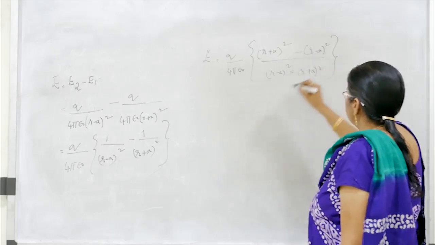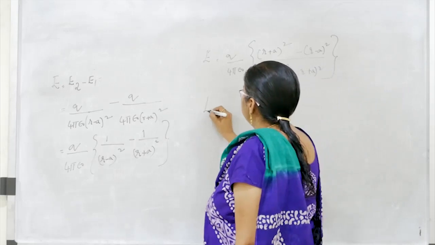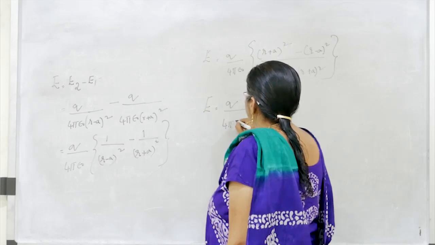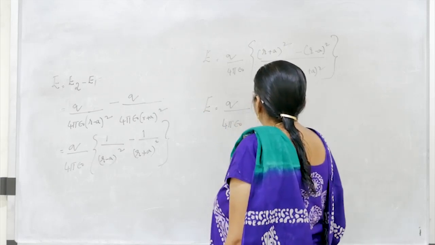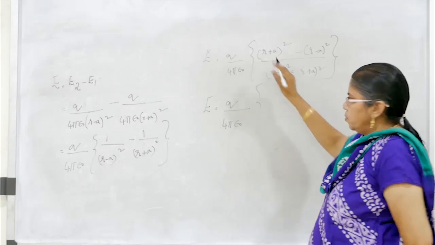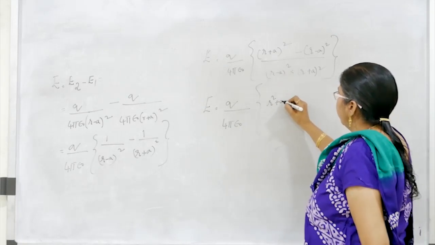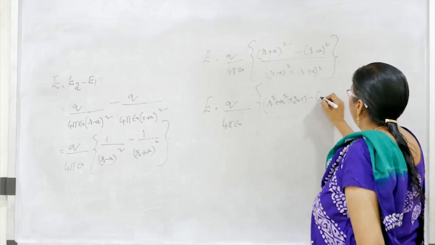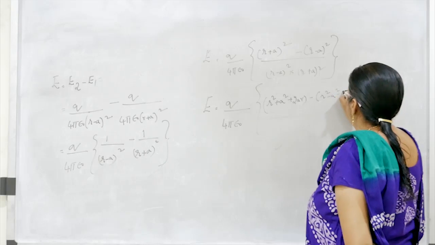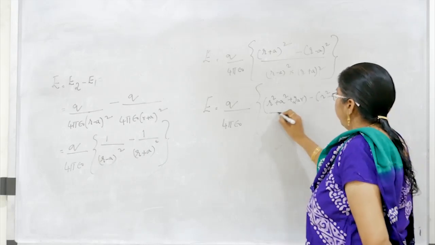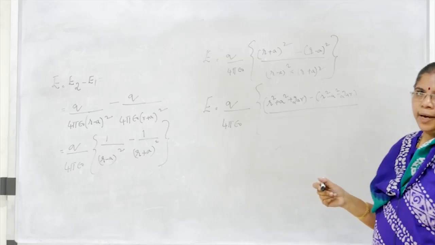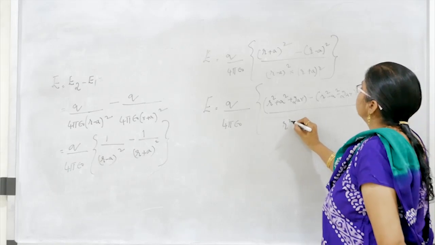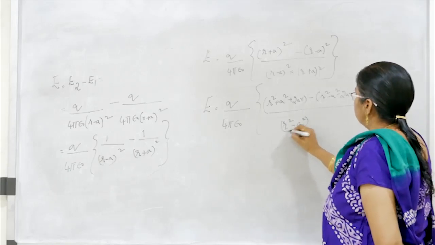So this gives E is equal to q by 4 pi epsilon naught into, so this becomes r square plus a square plus 2ar minus of r square minus a square minus 2ar divided by r minus a whole square into r plus a whole square. So this becomes r square minus a square whole square.